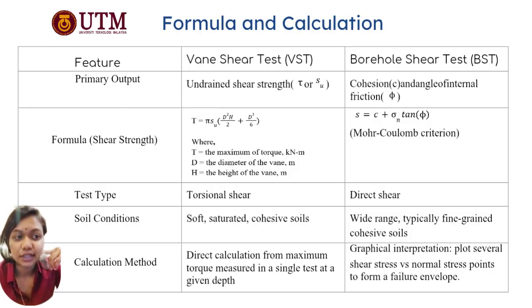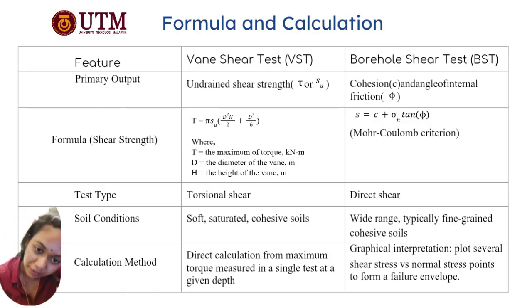Those parameters are determined using the Mohr-Coulomb failure criterion, a fundamental soil mechanics relationship used to describe how soil fails under applied stress. It involves applying normal and shear stress at various levels until failure occurs.